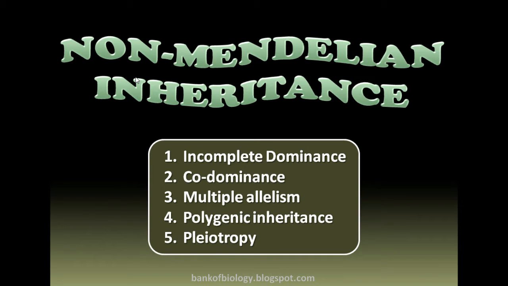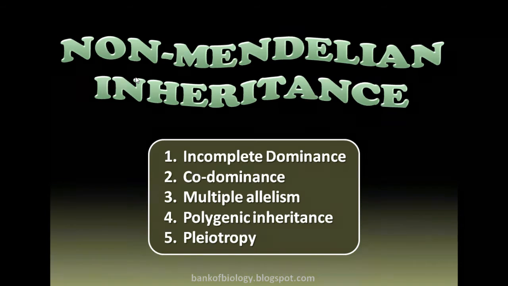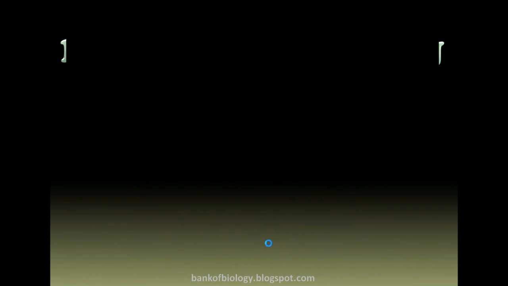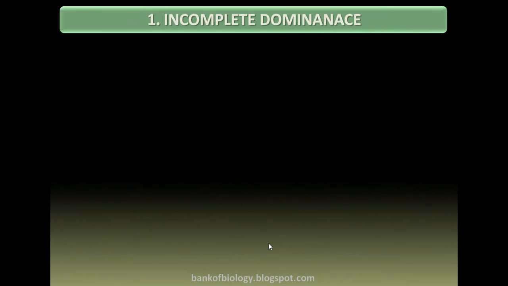In this video, we will be discussing non-Mendelian inheritance or deviation from Mendelian inheritance. There are certain phenomena such as incomplete dominance, co-dominance, multiple allelism, polygenic inheritance, and pleiotropy, which do not show the Mendelian ratio.